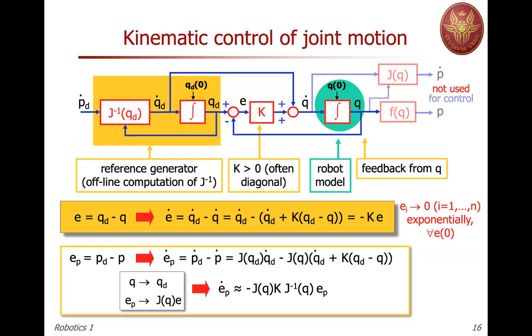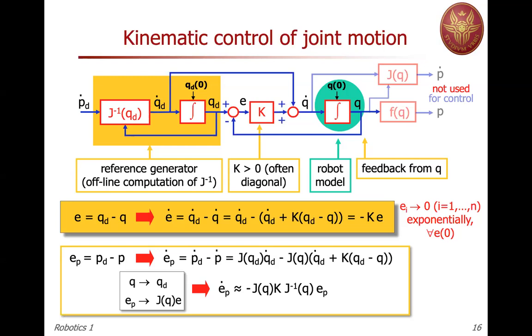Now, indeed, if you have an error in the joint space, you will also have an error in the Cartesian space, unless you are in a strange singular configuration and you're in the null space of the Jacobian, so you're in a configuration associated with the same end effector position, but in fact you have a different value in the joint space.